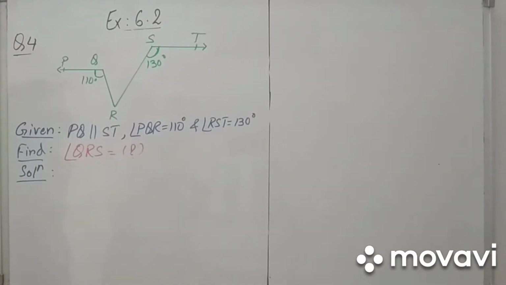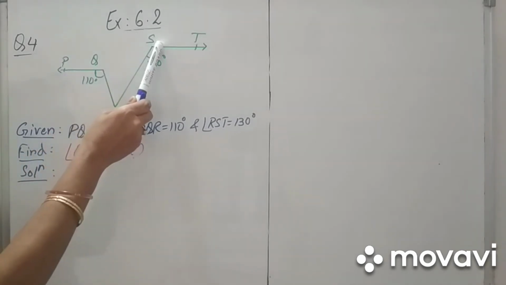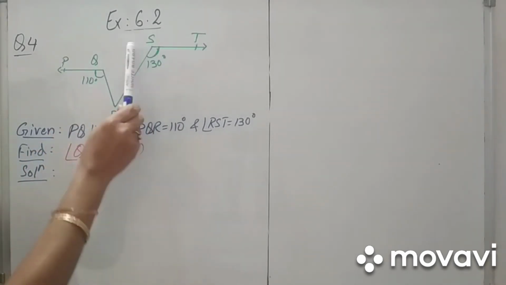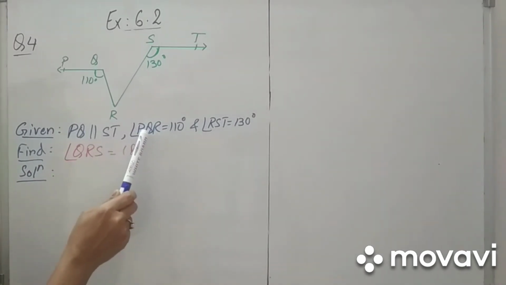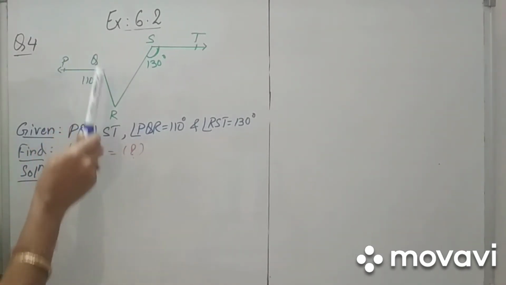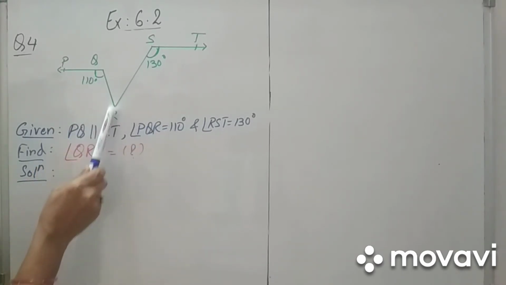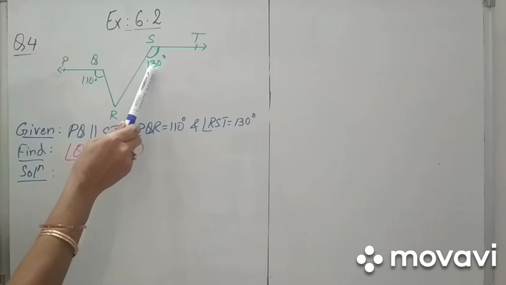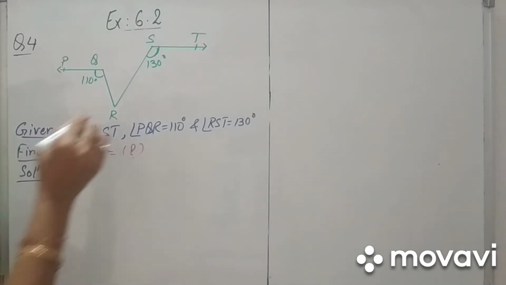Continuing with another question of the same exercise, question number 4. You can see here in the figure, what is given to us? PQ is parallel to ST. If you extend them, you will see both are parallel to each other. Secondly, angle PQR is equal to 110 degrees and angle RST is equal to 130 degrees. What is our required angle?